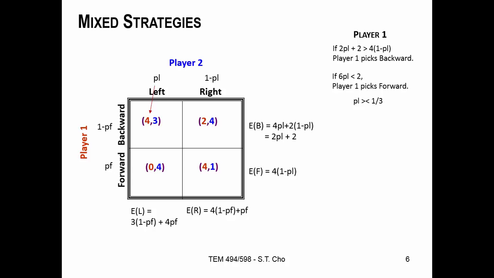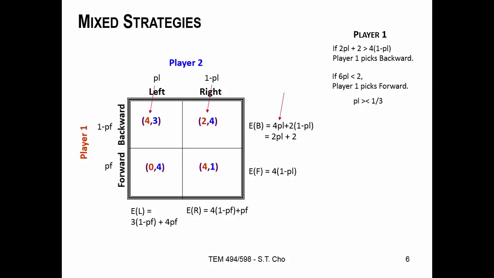So what's my expected value? My expected value is my payoff times the probability. For player 1 going backward, you add 4 PL plus 2 times (1 minus PL), and that gives you the expected value of going backward. You do exactly the same thing for going forward.